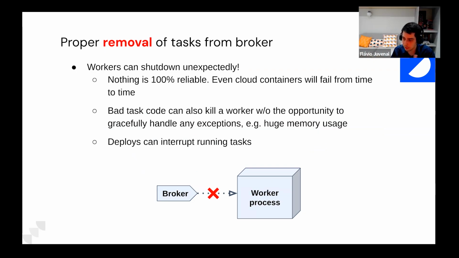And there's even the case where you are causing worker shutdowns. Depending on how you configure your deploys, you may be interrupting your worker processes when you are refreshing the containers or restarting the processes on a deploy. So perhaps you are doing that and don't even know, right? You are killing the workers and causing tasks to be lost.